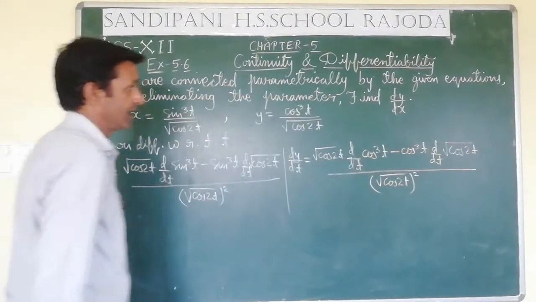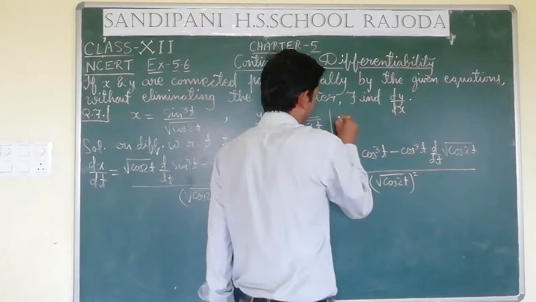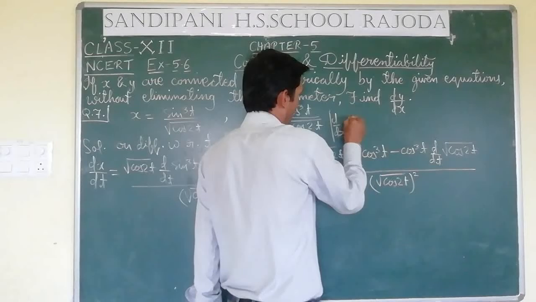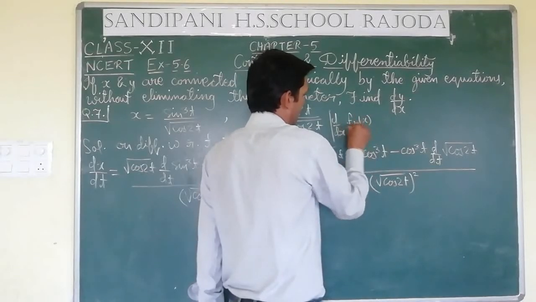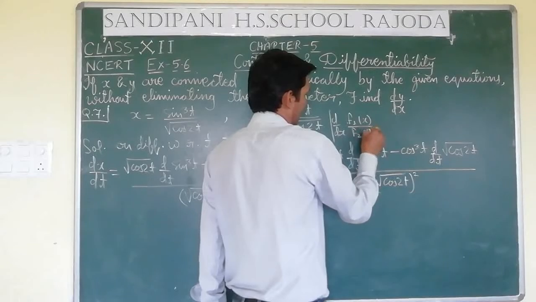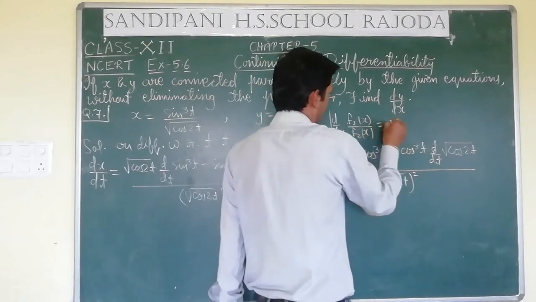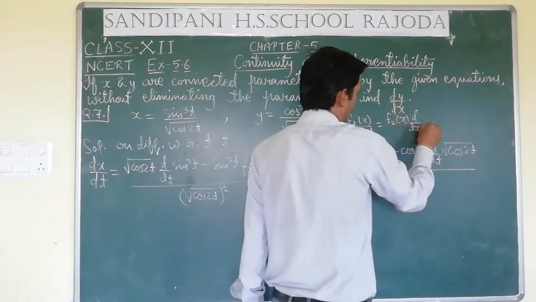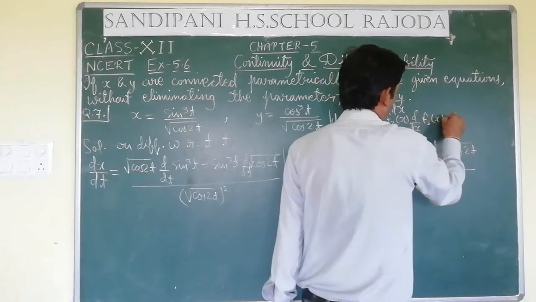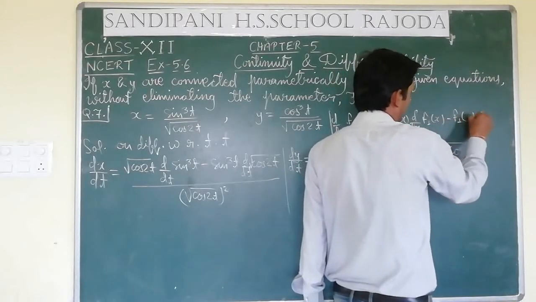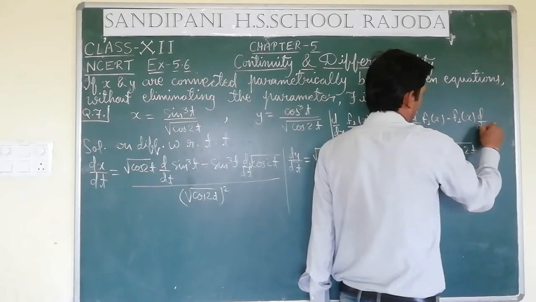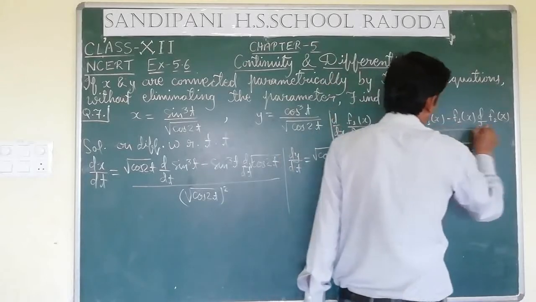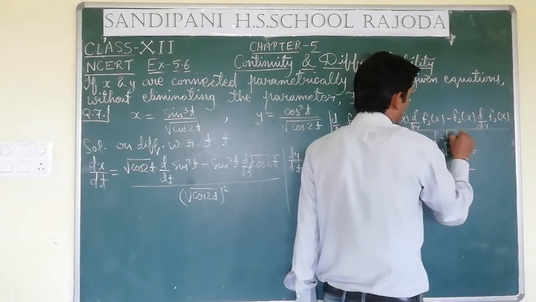You may write here the formula which we have applied. d by dx of f1x upon f2x is equal to denominator f2x into d by dx of numerator f1x, minus numerator f1x into differentiation of denominator f2x, upon square of denominator, means f2x whole square.